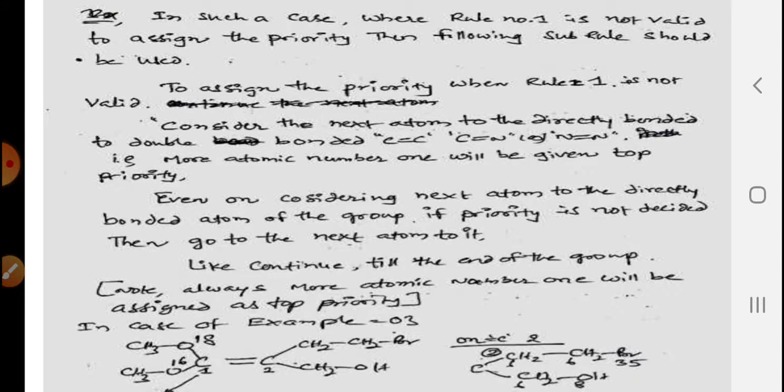So consider the example now. In this example, on the second carbon we can assign with this rule. Here 6 is not possible to assign with, then it is 8, it is 6. Bromine is there, but it is not considered because it is the end of the chain, but we have to go through in sequence 6 and 8.